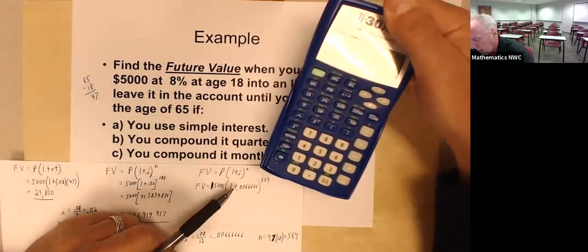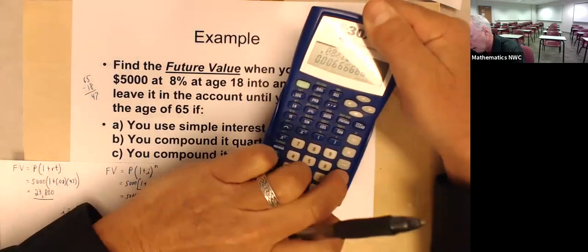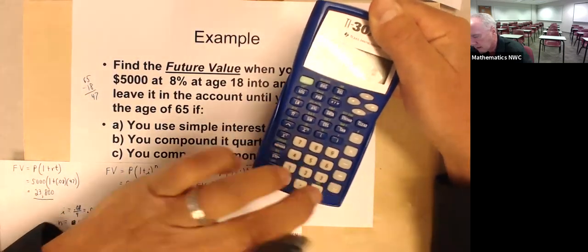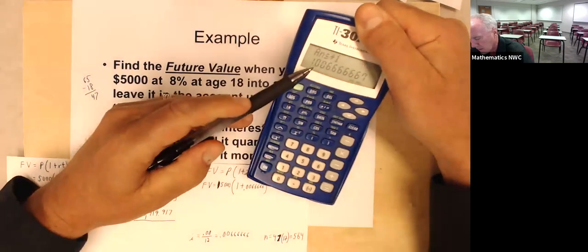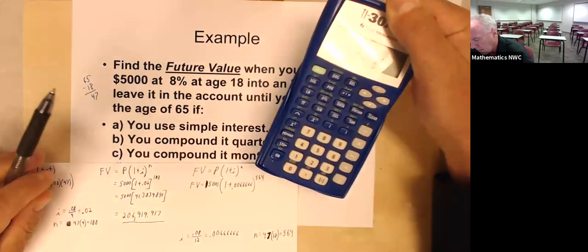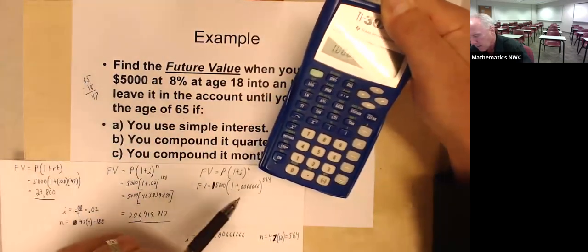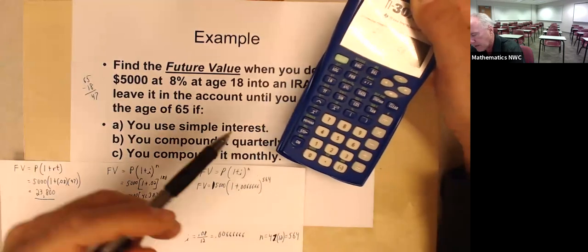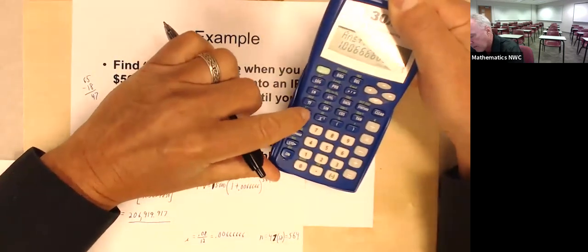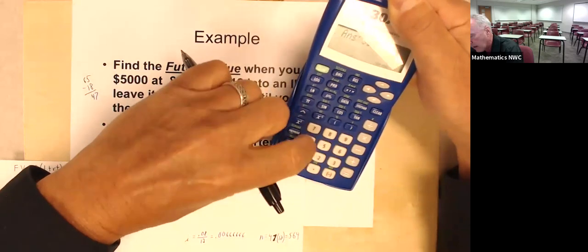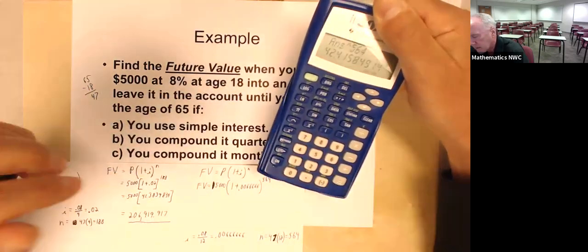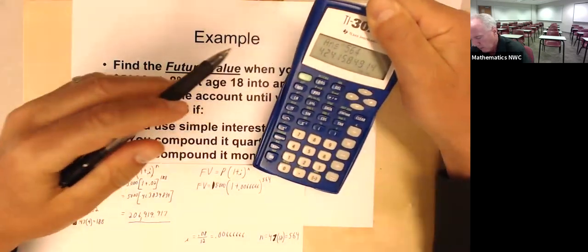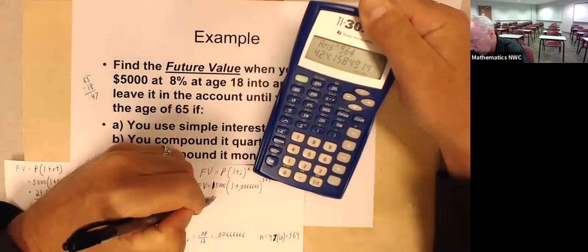I'm going to add 1 to it, so I'm going to go plus 1, enter, because that does it. Now it's 1 point all those 6's. I'm going to raise that to the power 564, so I'm going to take it exponent 564, enter. That gives me that number, 42 something.